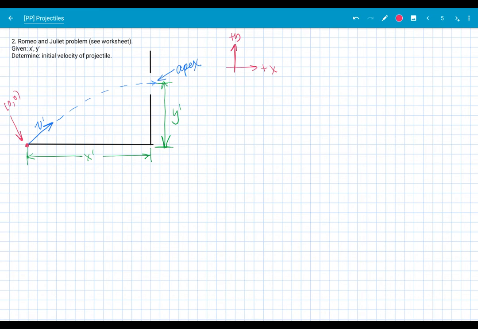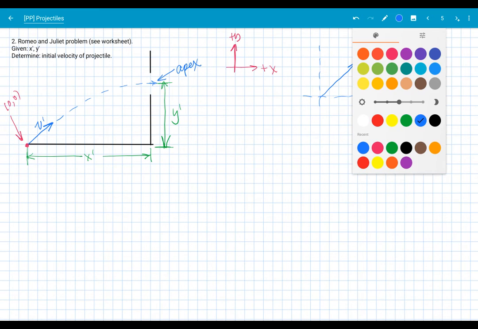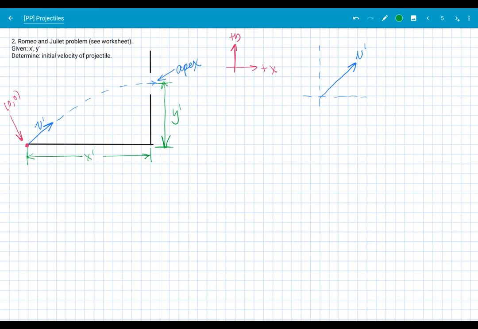So let's have a look at that initial velocity and break that up into its components so we can at least have that in our minds, right? So here's this v prime that again, I don't know anything about. The problem doesn't give me anything about that, but I can break that up into its components and at least be kind of thinking about, picturing those.